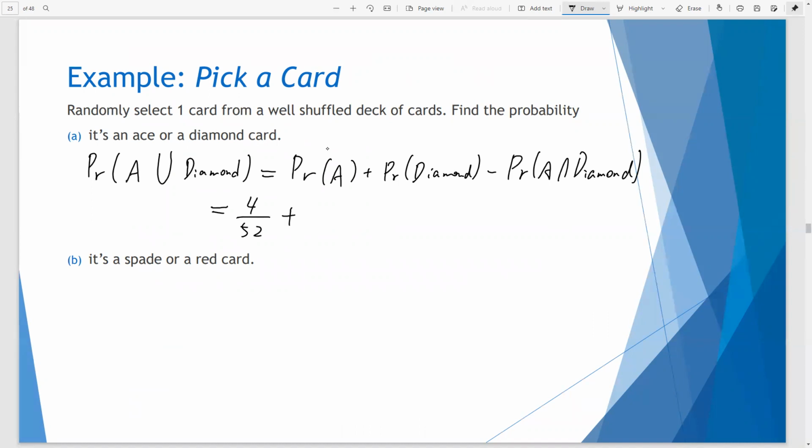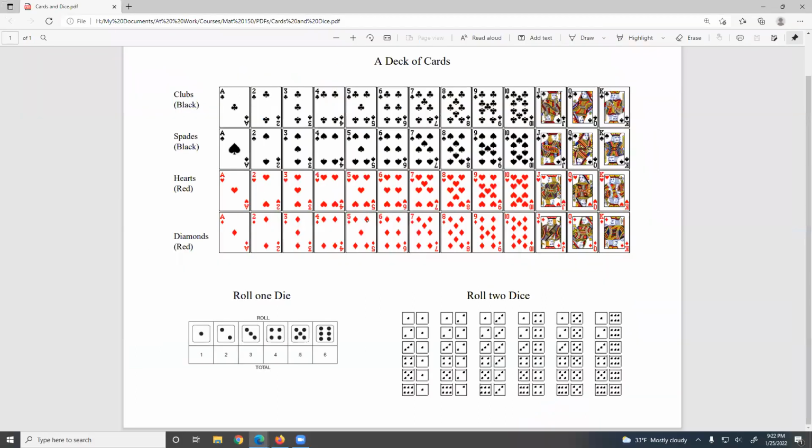Diamonds are 1 suit out of 4 suits, and together that's 13 cards out of 52. One suit is 13 cards from ace to king. You can see that. Ace is 4 cards, right? And every deck of cards will only have 1 card that is a diamond ace.